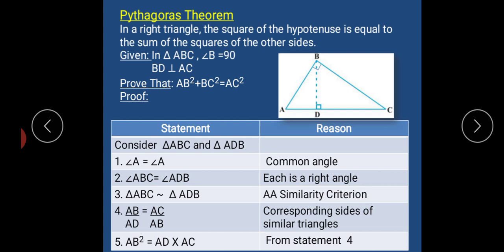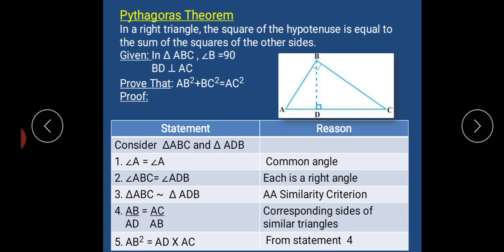If you look at AB from the second triangle, then you get AC. So we get AB upon AD is equal to AC upon AB. Therefore, AB square is equal to AD into AC. This is the first part of this theorem. Remember the correspondence. Then writing the steps becomes very, very simple.